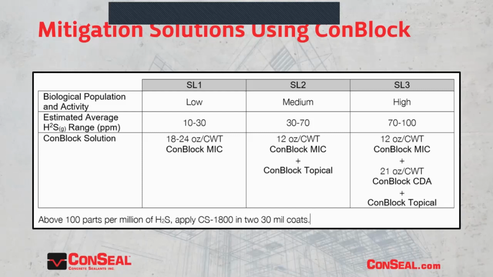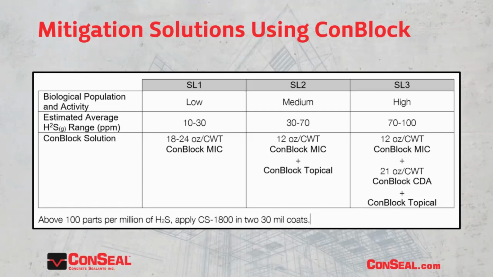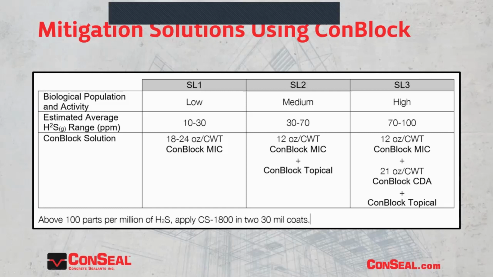If we go to severity level 2, we're going to choose ConBlock MIC and ConBlock Topical, which is an antimicrobial water repellent sealer applied to the surface. And then for severity level 3, we're going to suggest ConBlock MIC, ConBlock CDA, and ConBlock Topical.